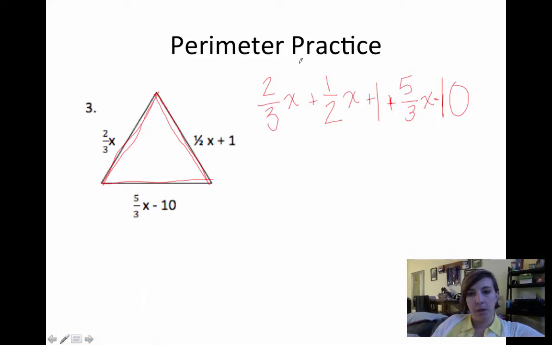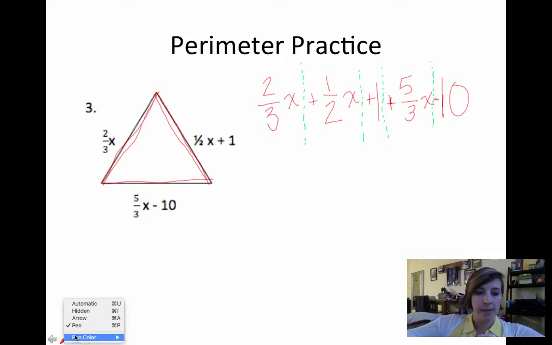So I have 2/3 x, positive 1/2 x, positive 1, positive 5/3 x, and that's a negative 10 right here. That's a negative 10. All right, so let's combine all my terms that have an x as the variable, because that's the first thing that I get to.